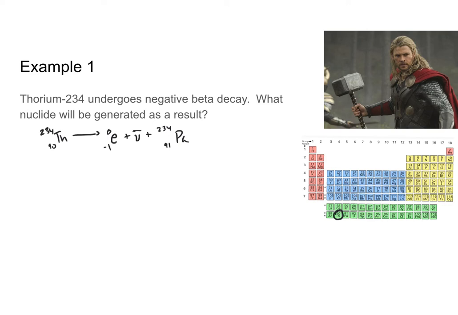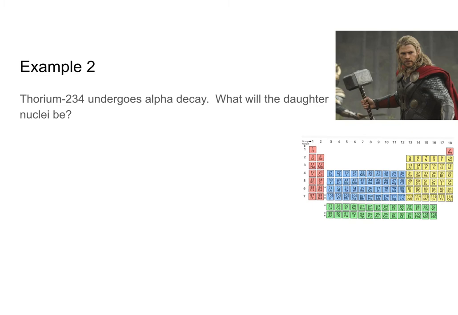So the nuclide that's going to be generated as a result is Pa-234-91, or protactinium-234. Either of these is perfectly acceptable to say. I usually stick with this one because it's easier. So moving forward to another example.